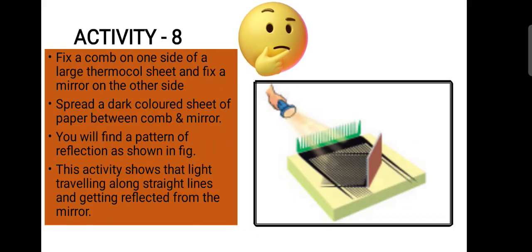So now children, we have also discussed activity 8. This is how the arrangement can be done. You will find a pattern of reflection as shown in the figure. This figure shows light traveling along a straight line and getting reflected from a mirror.